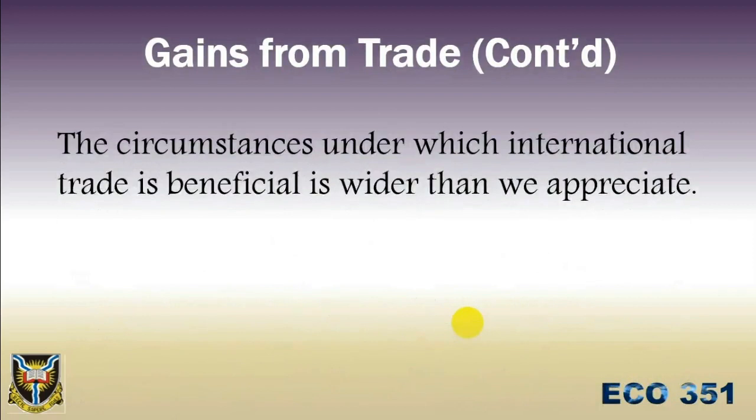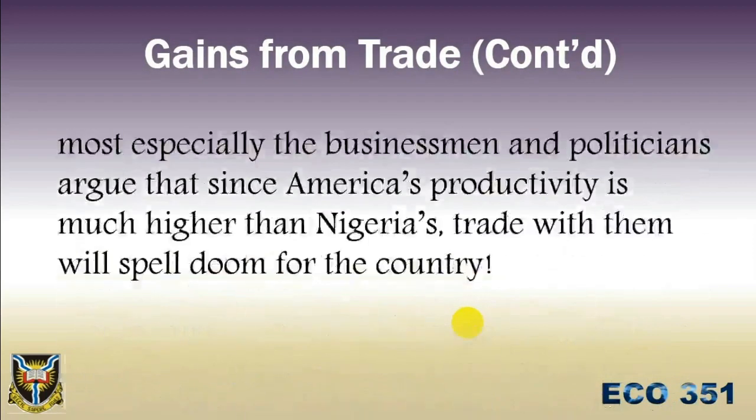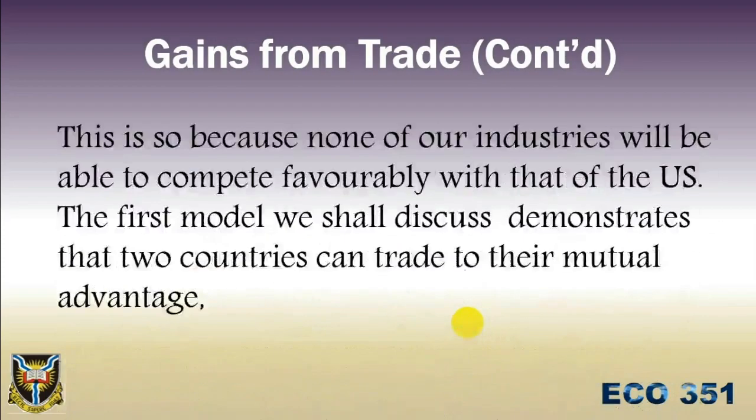Yet people, most especially the businessmen and politicians, argue that since America's productivity is much higher than Nigeria's, trade with them will spell doom for the country. This is so, they argue, because none of our industries will be able to compete favorably with the business giants of the United States.